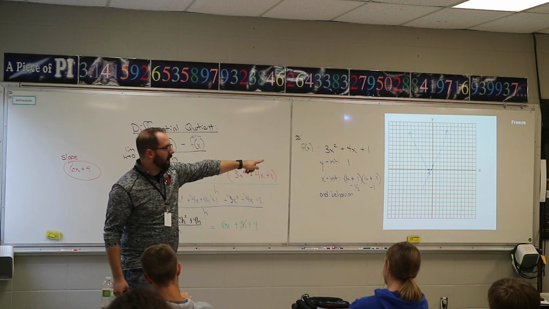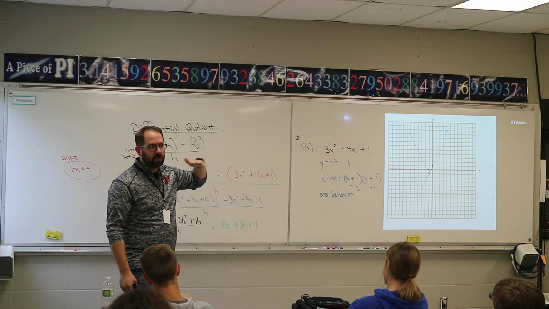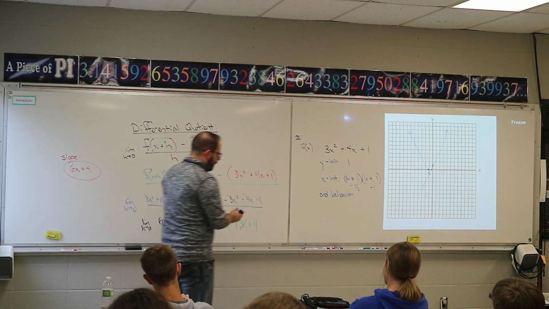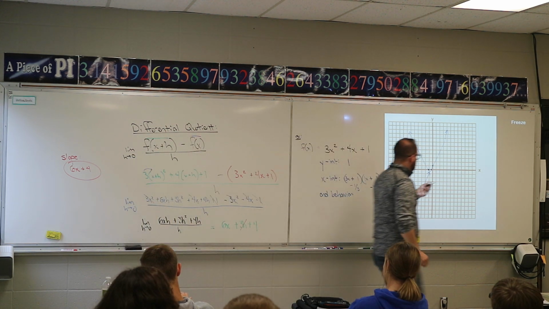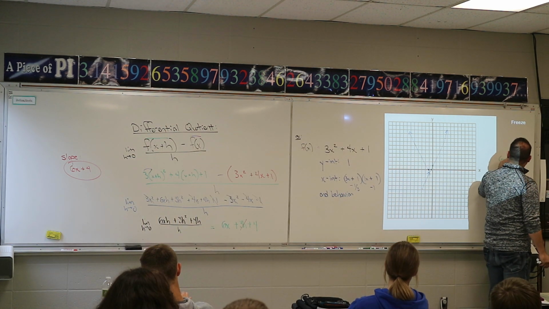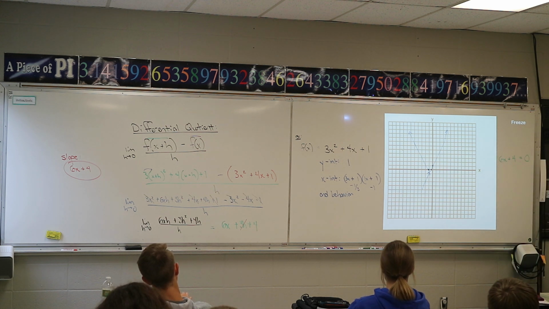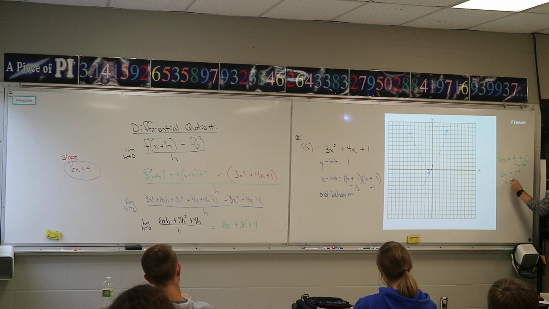That's where the bottom of that graph would hit. This slope would literally be a horizontal line. So I'm going to plug in a 0 for 6x plus 4, because that's my slope. I'm going to set 0 equal to that, and then solve. Subtract that over, and divide by 6.